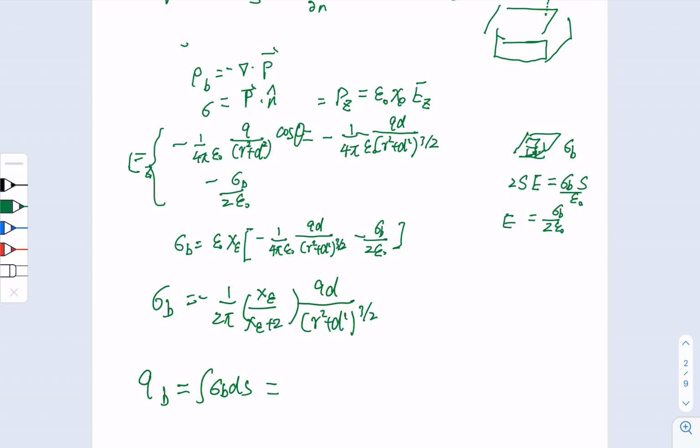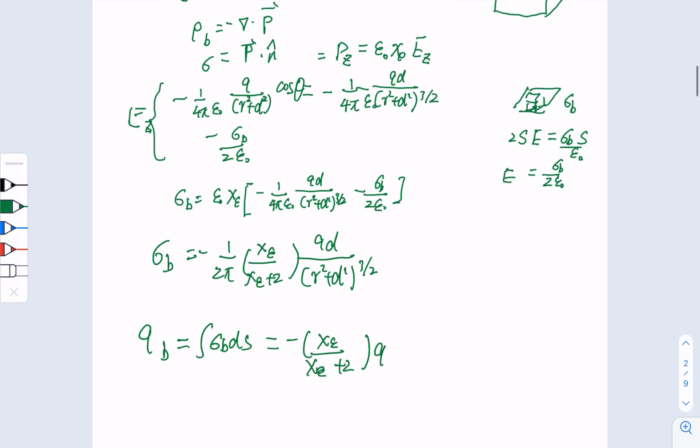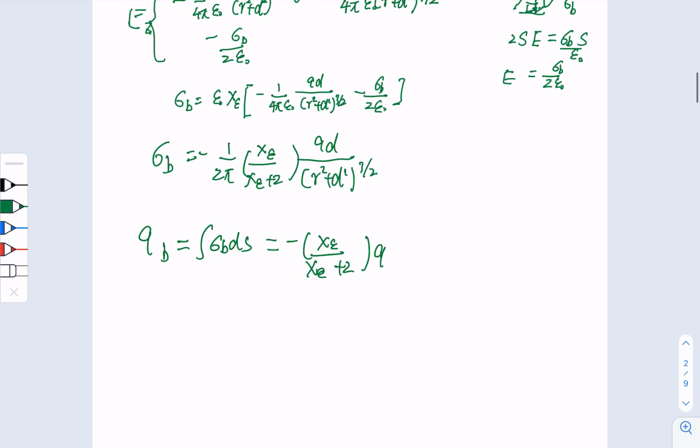If you do this integral over all space, you find that the charge is proportional to the original charge Q by a factor of chi e over chi e plus 2.